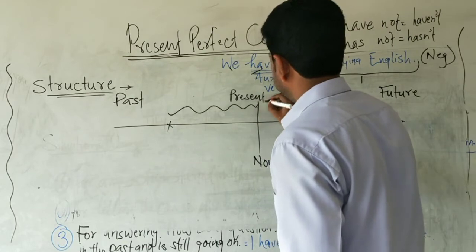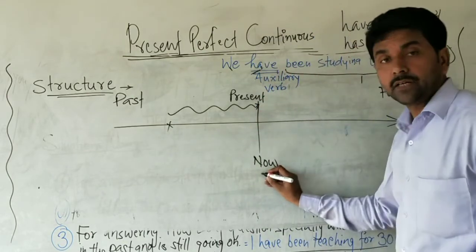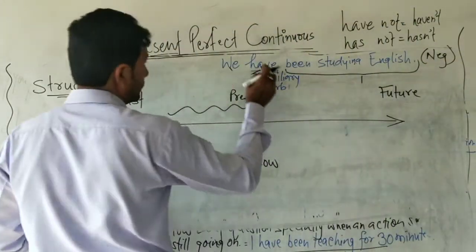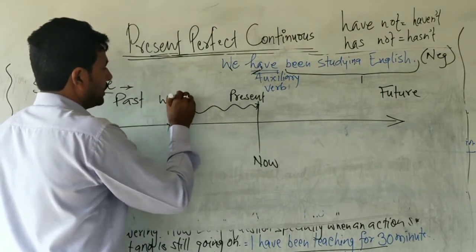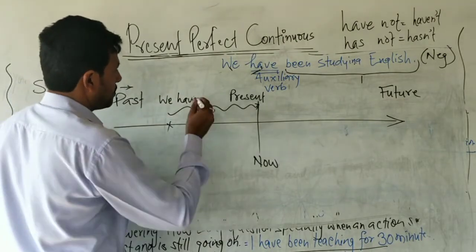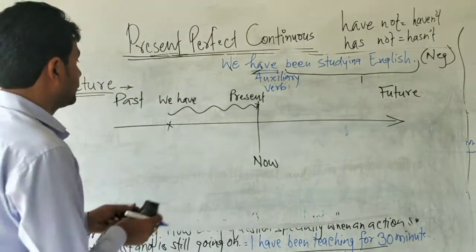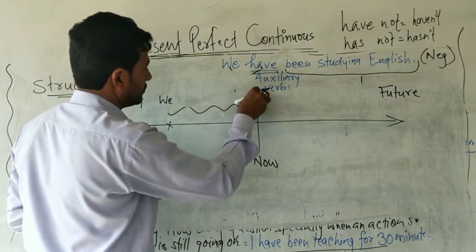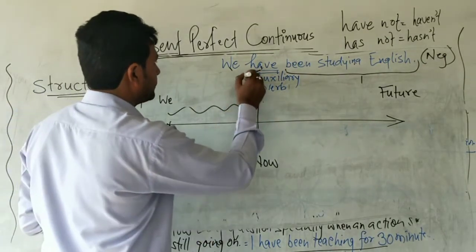Until now, up to here, it is in progress. Our sentence will form like this: I have been, we have been. This is present.